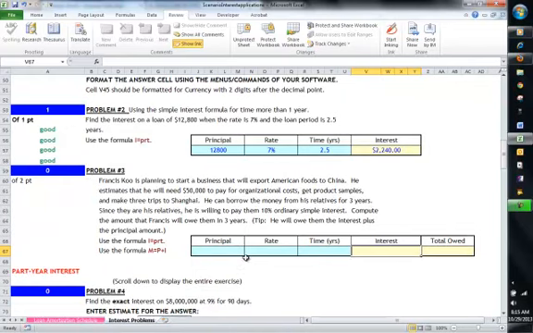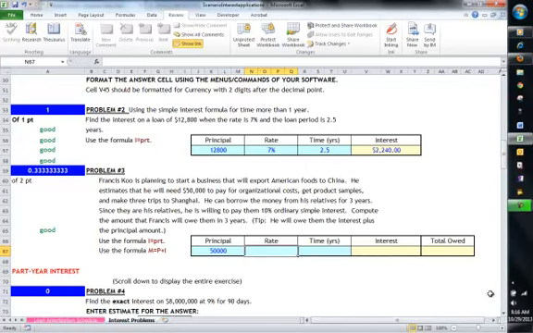Francis Koo is planning to start a business to export American foods to China. He says he needs $50,000 to pay for the organizational cost, get samples and make 3 trips to Shanghai. He can borrow money from relatives for 3 years, and he's willing to pay them 10% ordinary simple interest. So, how much is the principal? $50,000.